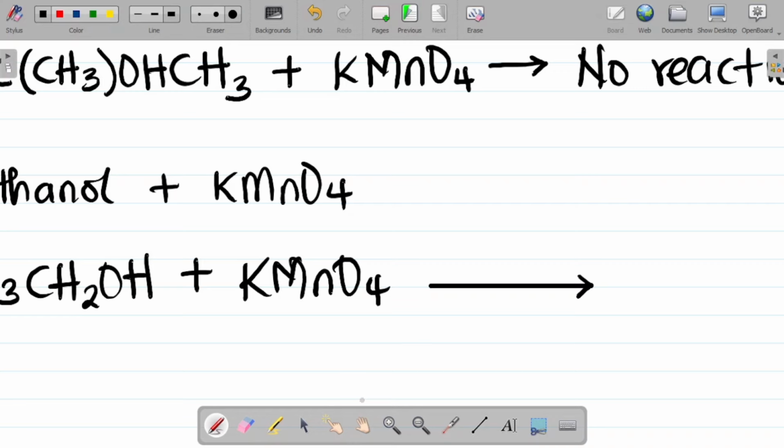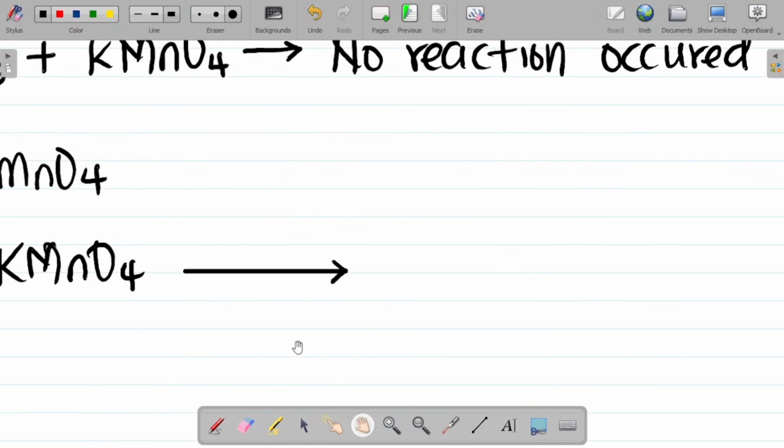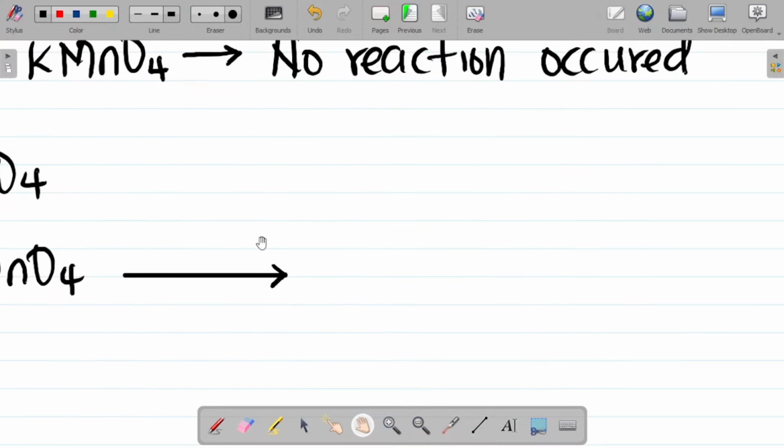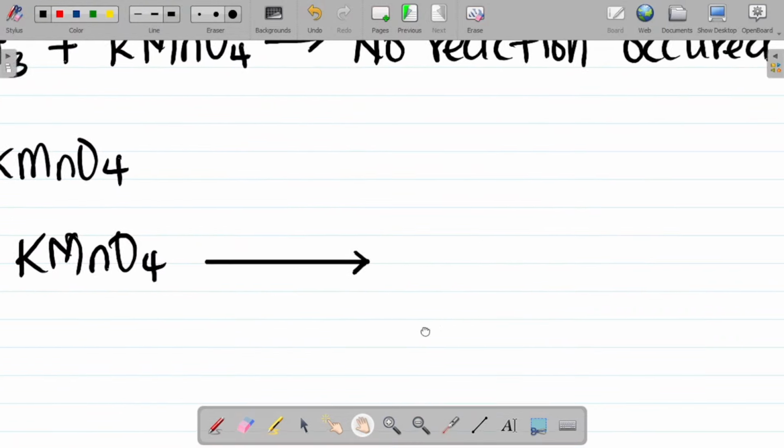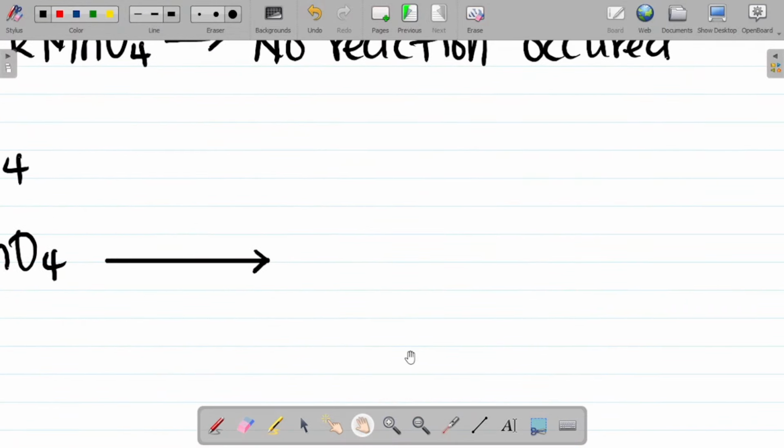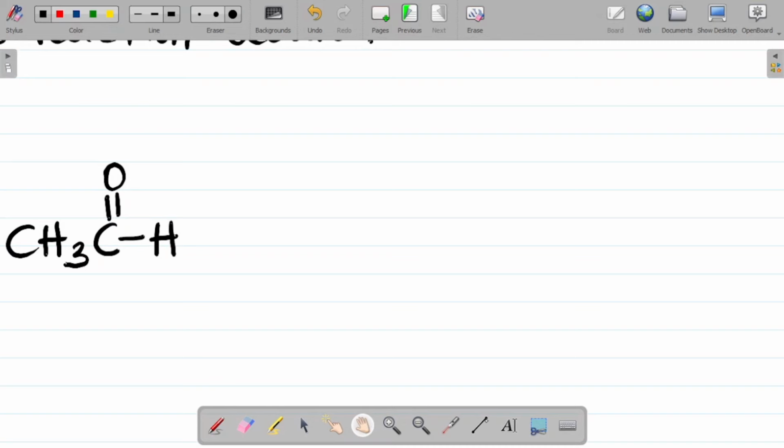Now, note this: if I combine this with potassium permanganate, first of all, it gives you a ketone, and the ketone here would be CH3 into C double bonded to O and then H, or better still, you can write this as double bonded to O upwards and then H. So I have this. This is a ketone, all right?